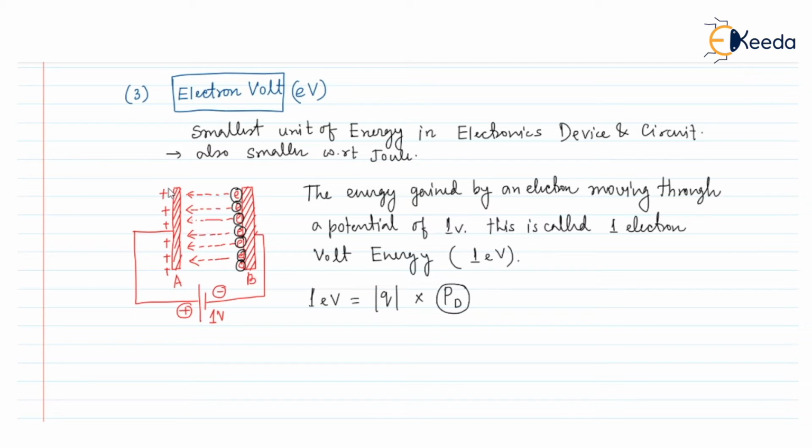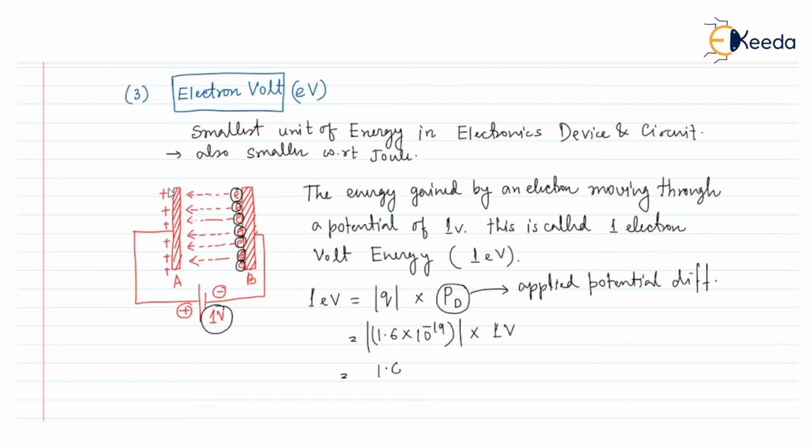So from this equation, we can put the value of Q. We know that it is 1.6 into 10 to the power minus 19, the mod value, into the applied potential difference, which is 1 V. So after calculation we will get 1.6 into 10 to the power minus 19 coulomb volt.